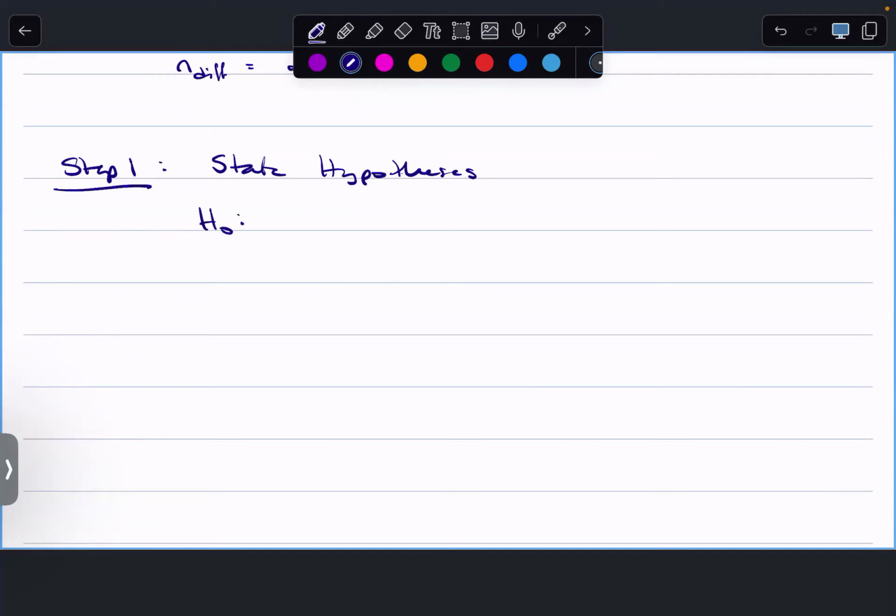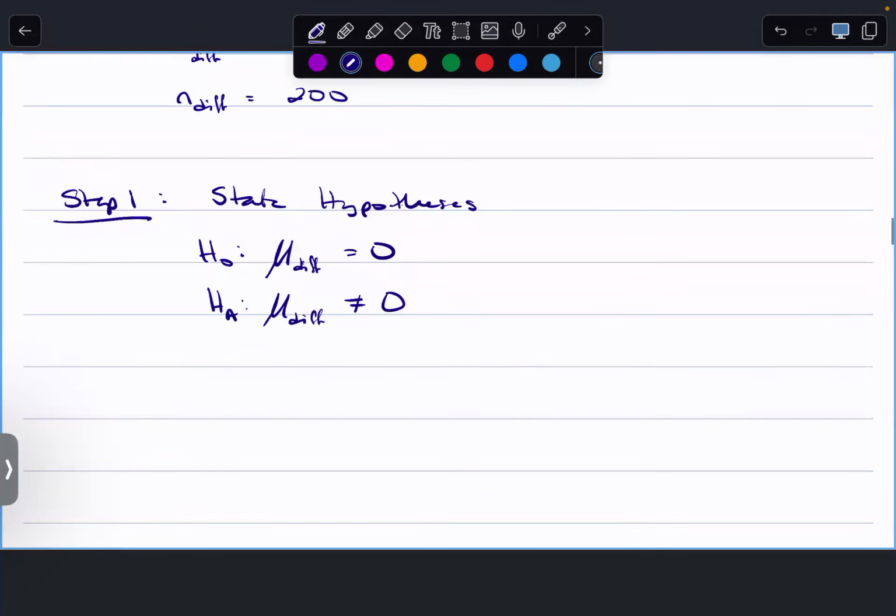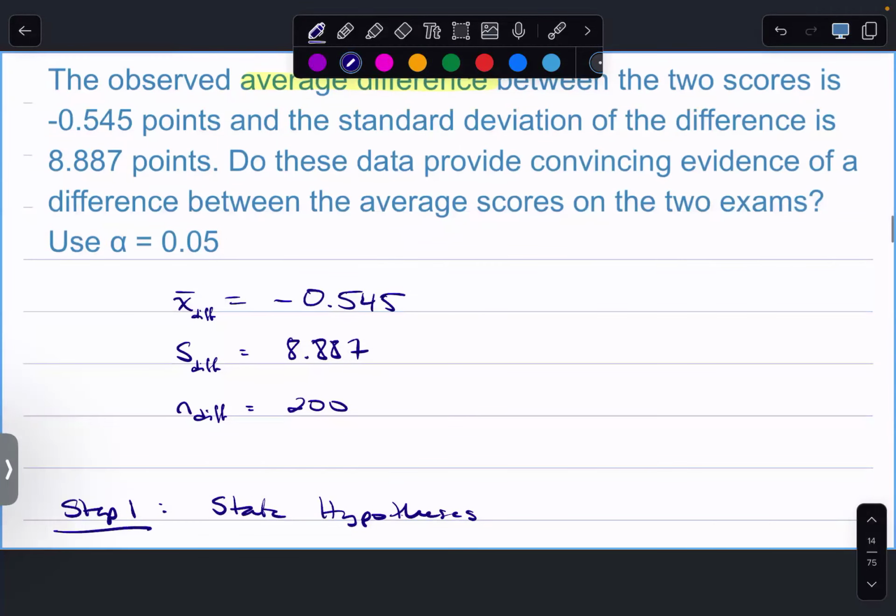Once I've identified it as a paired data question, then I'm on easy street. Mu diff is equal to 0. And then mu diff not equal to 0, but we'll confirm why. Is there evidence of a difference?